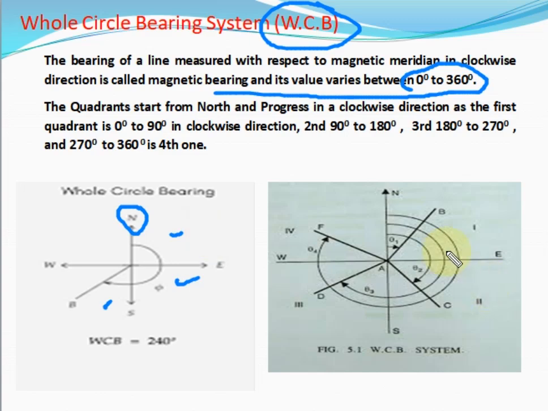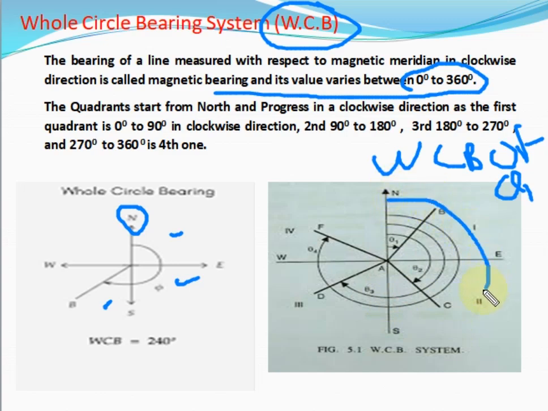You can see here that the line AB is in the first quadrant, that is theta 1. So I can write the whole circle bearing of line AB as theta 1. Similarly for line AC, when the bearing is measured from north to the survey line in clockwise direction, the whole circle bearing of line AC is theta 2.